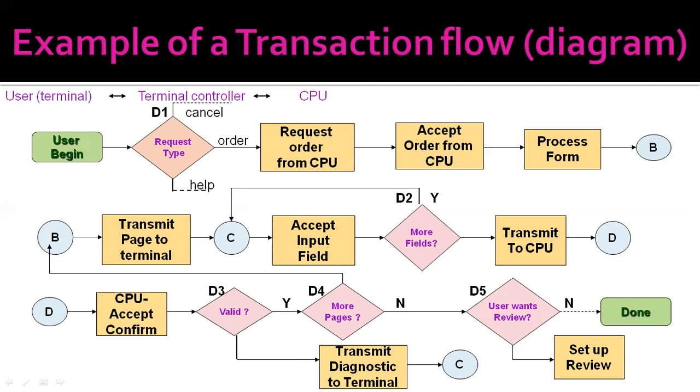In that case, he will make a request to the case C. So if more additional fields are to be filled, then he will make a request to C. So here C is called a connector or a label. So if we want more fields, then only we have to make the request to C, and we have to wait until we get back to the dumb terminal for filling the additional fields.